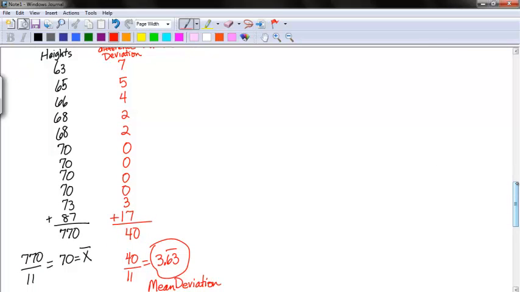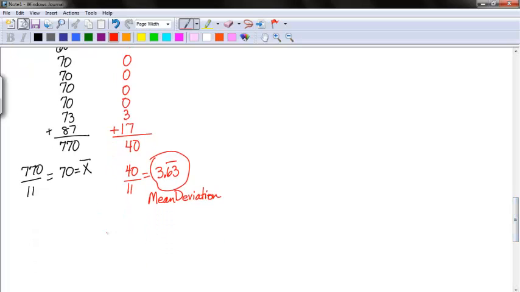Okay? Now, that's just doing it arithmetically. Here's what it would look like in the statistics book for the formula. Mean deviation is an uppercase M, an uppercase D. Okay, and the formula is 1 divided by n, 1 over n, times the summation of the absolute value of the x sub i's minus the arithmetic mean, the absolute value of that, from i equals 1 to n.